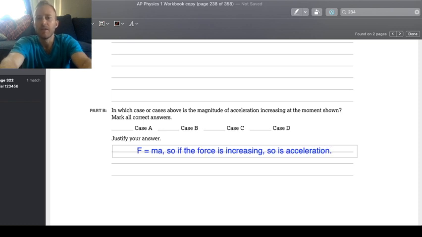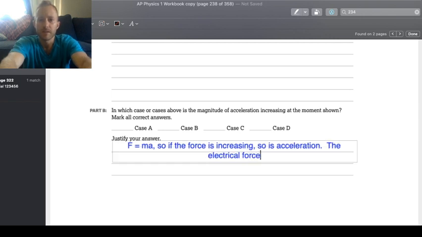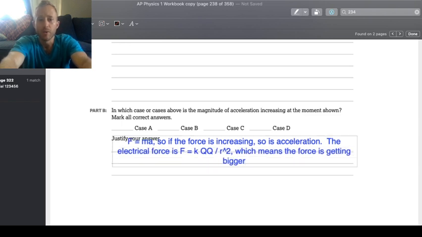And then I would say the electrical force is F equals K Q Q over R squared, which means the force is getting bigger when the charges get closer together.